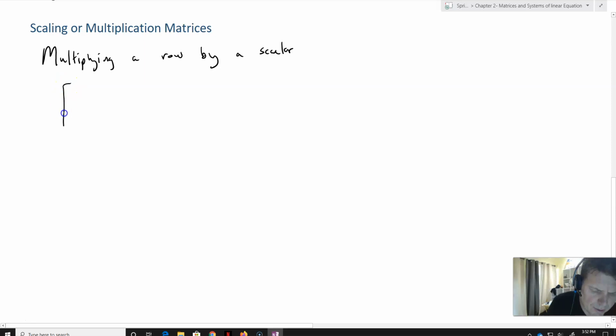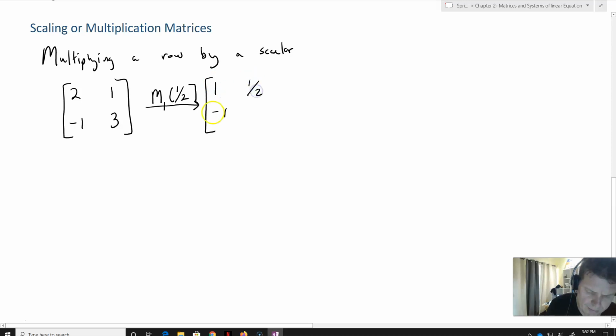So say for example, I've got 2, 1, negative 1, 3, okay? And I want to multiply row 1 by 1/2 to give me 1, 1/2, negative 1, 3.